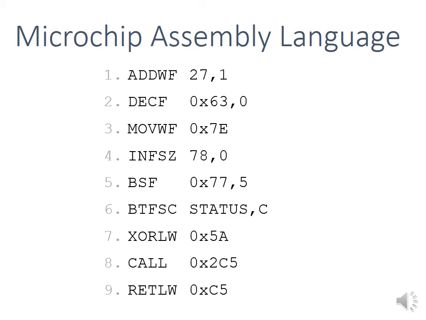Instruction number 7 means exclusive OR the value in the working register with the immediate value hexadecimal 5A. The result in this case is stored in the working register. Instruction number 8, CALL 0x2C5, means call a subroutine that starts at address hexadecimal 2C5.